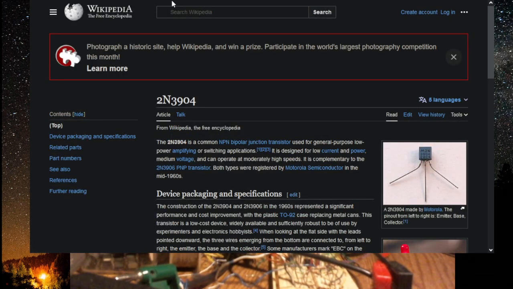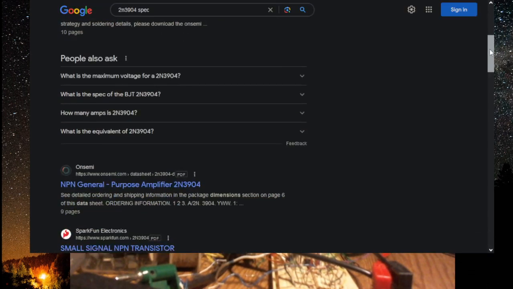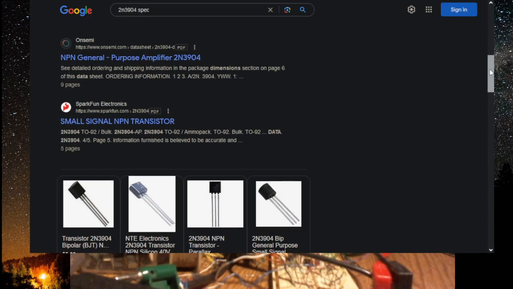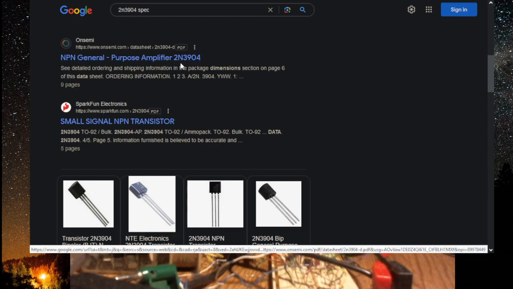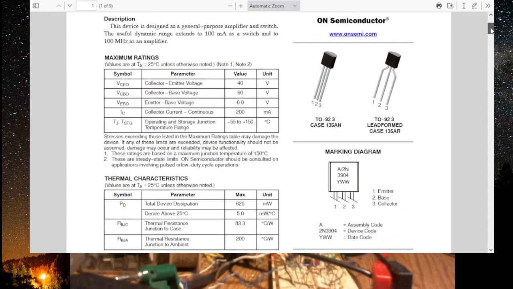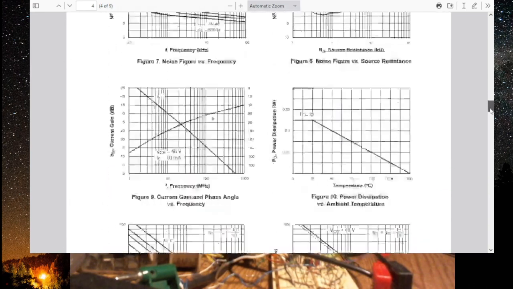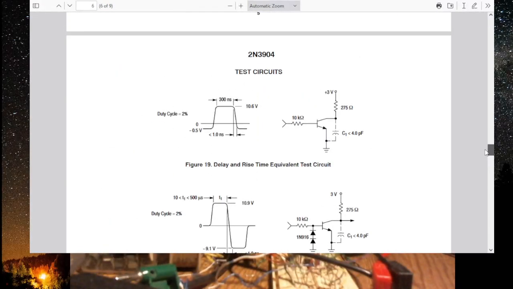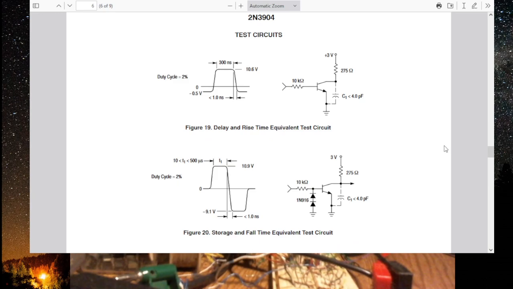I think it's these transistors I have to use. So I have to compare some specs on the 3904 and the 2222, and that's what I'm doing, because this is an NPN. It's a low signal amplifier.